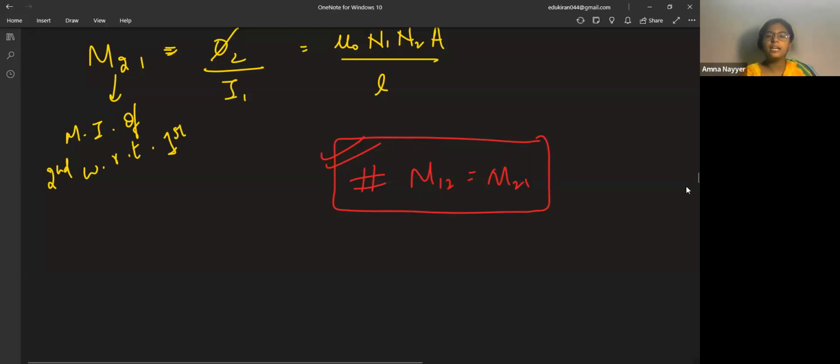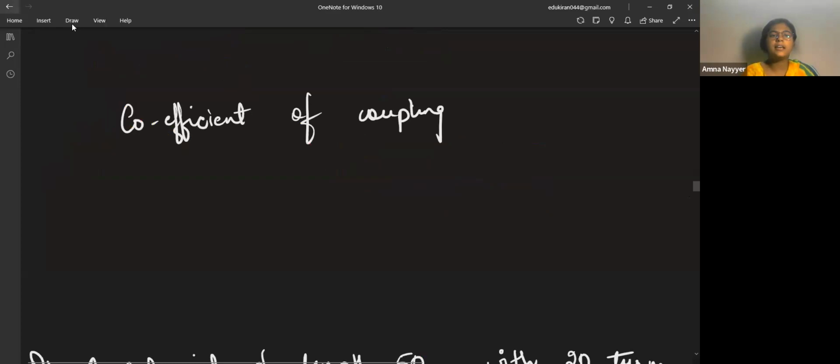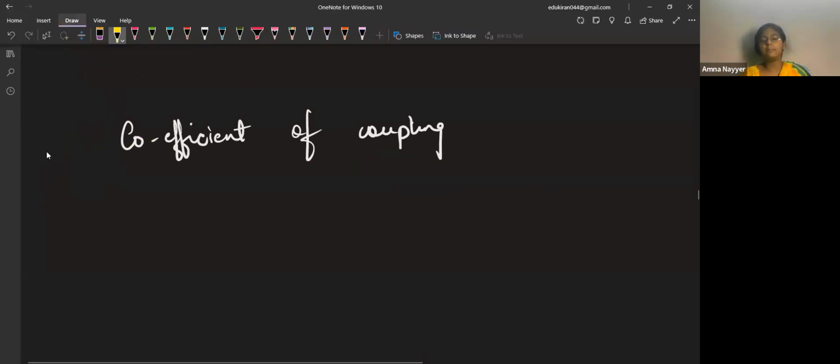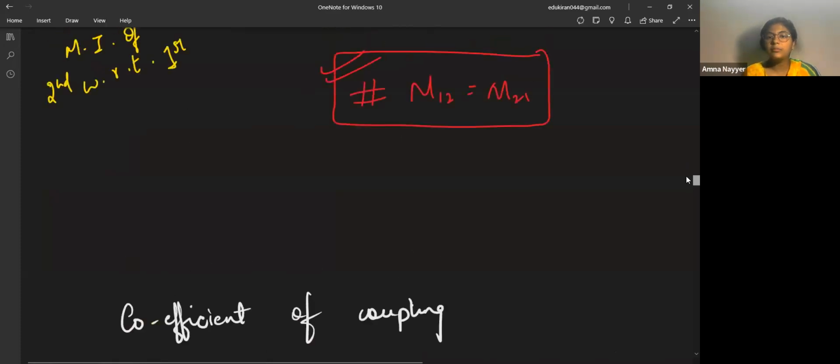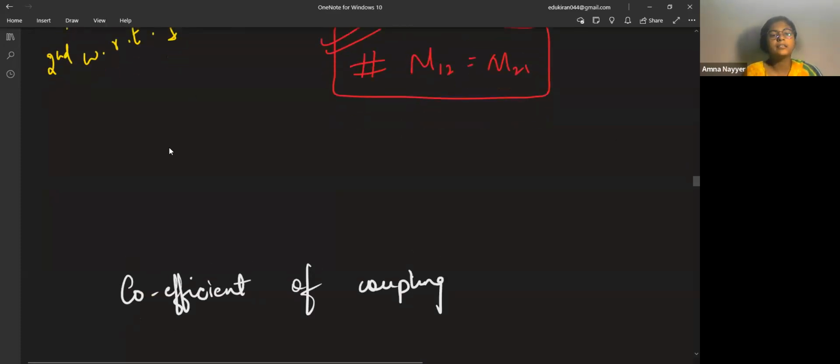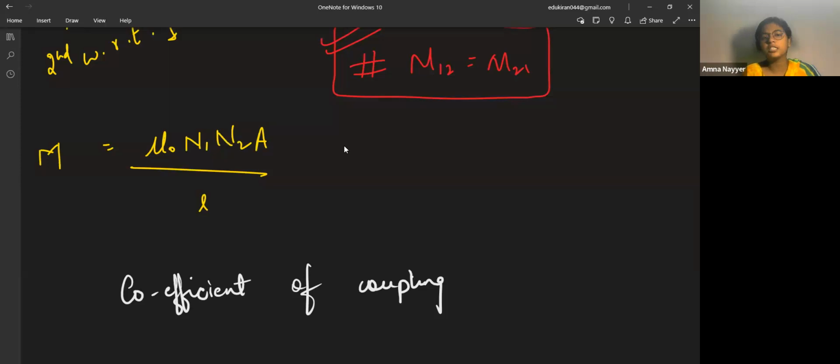All right. One more thing that is there in your syllabus is coefficient of coupling. Now, don't go into the details of coefficient of coupling. One more thing. Here, when the area part is asked, here, mu naught N1 N2 A by l for the mutual induction, whichever mutual induction it is.